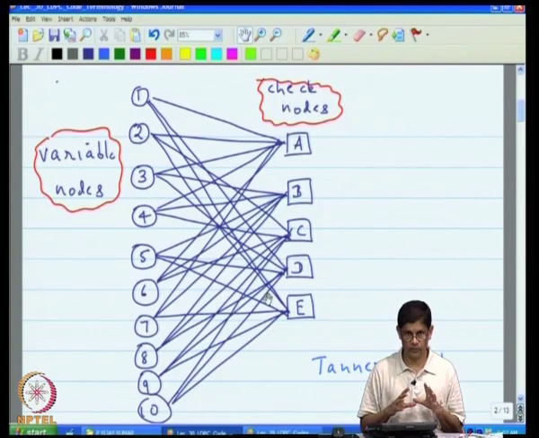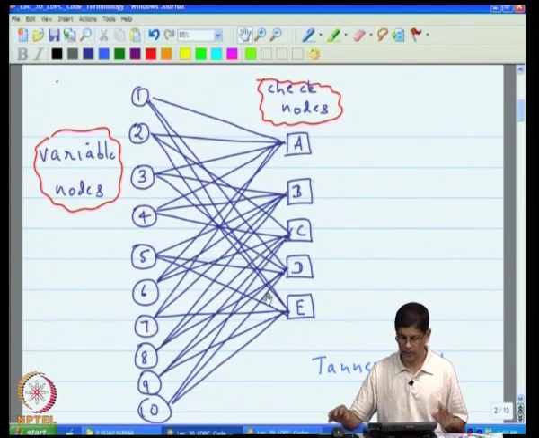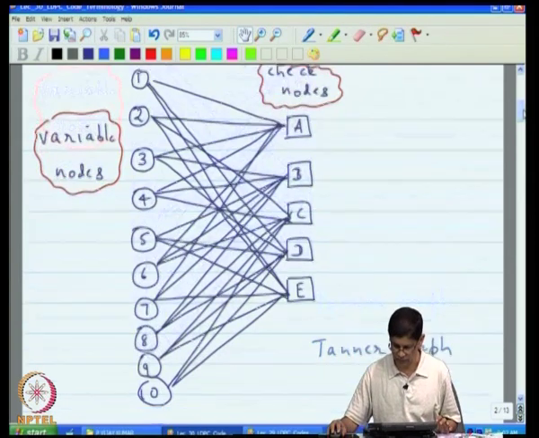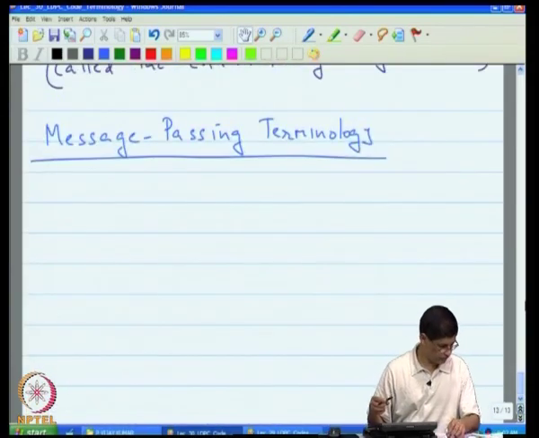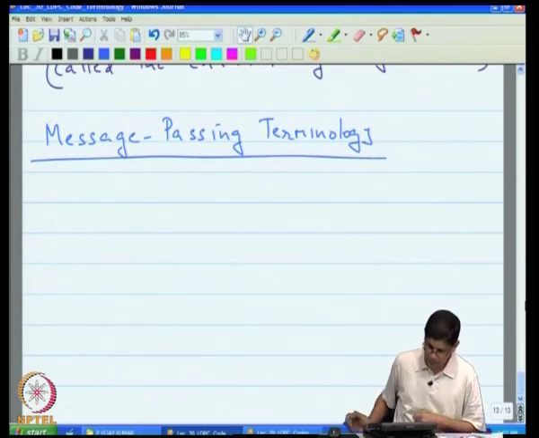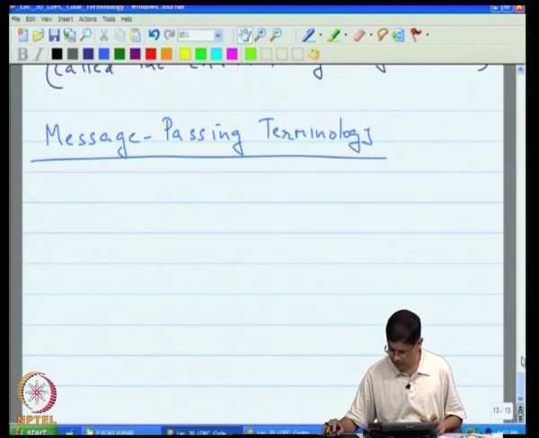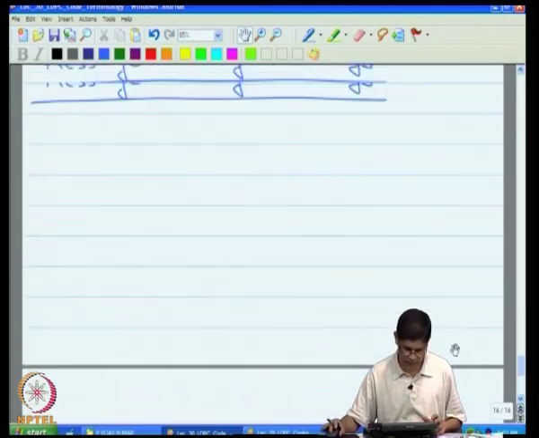And now, what we would like to do is introduce some notation relating to the alphabet of these messages. So, we will draw a graph, a picture, as I introduce this terminology.